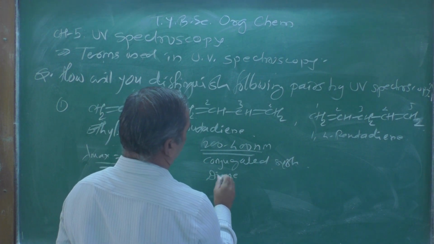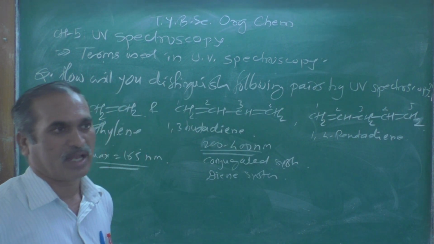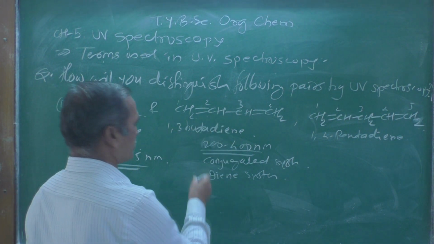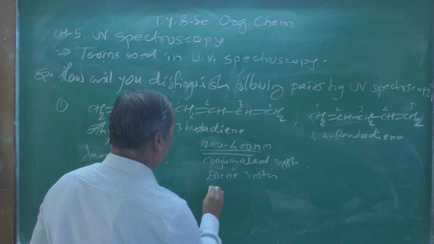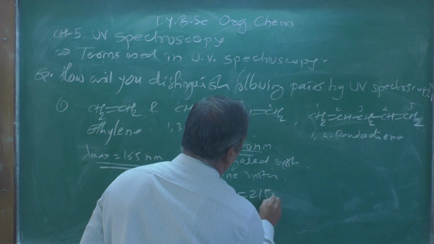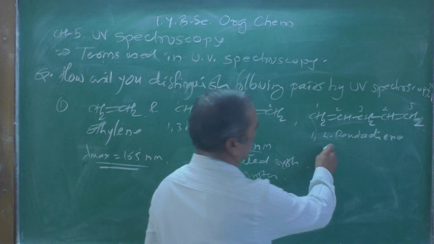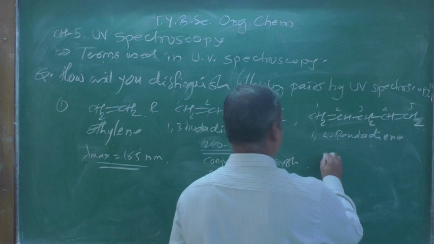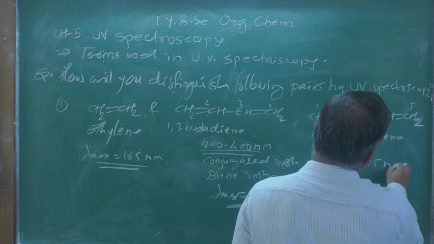The diene system is stabilized due to resonance. So the lambda max for the diene system, the base value, was found to be 215 nanometer. Now if you look at 1,4-pentadiene, the lambda max will appear around 165 nanometer.